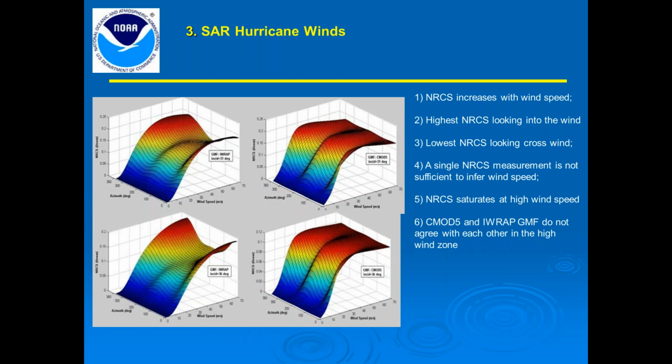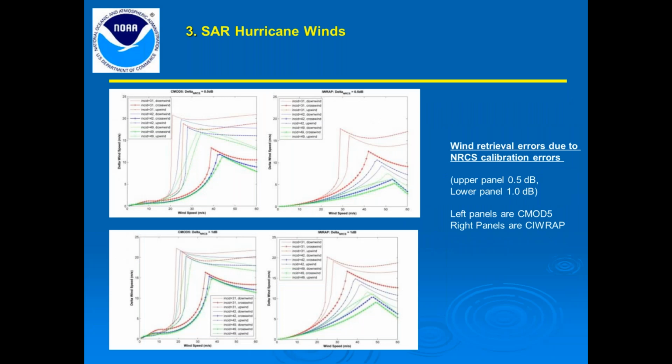This is a problem for wind retrievals under hurricane conditions. This is a regular model function we use to generate the wind speed from Sentinel-1 and RADARSAT-2, but it won't be useful for the SAR wind retrieval.